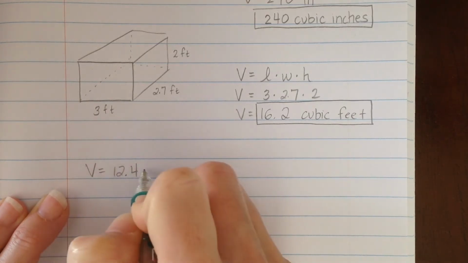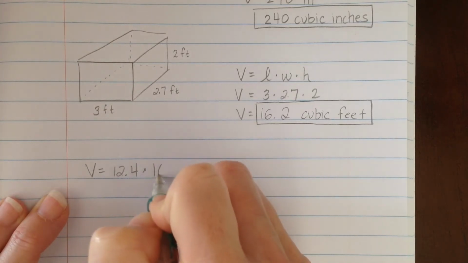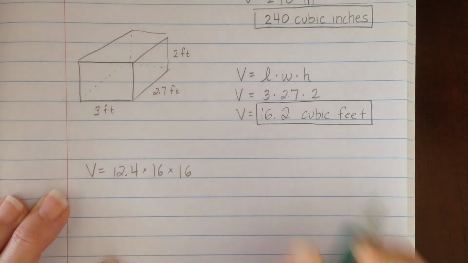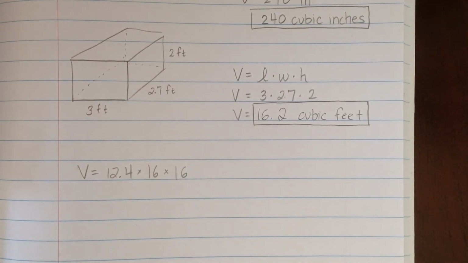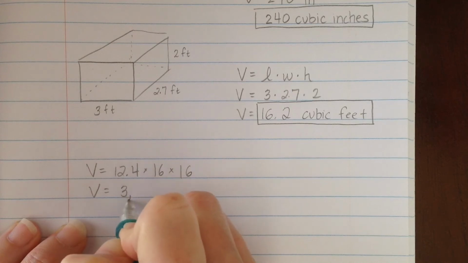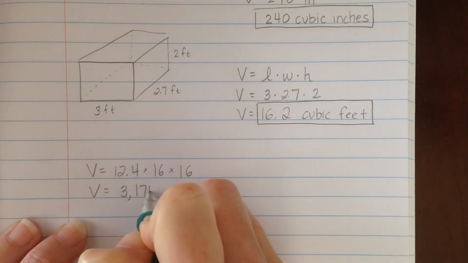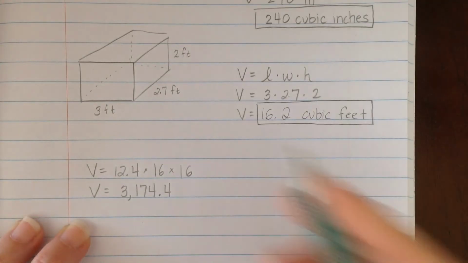This is what we have to multiply together. 12.4 times 16 times 16. All right, well, when we multiply these all together, 12.4 times 16 times 16, I get an answer that equals 3,174 and 4/10.